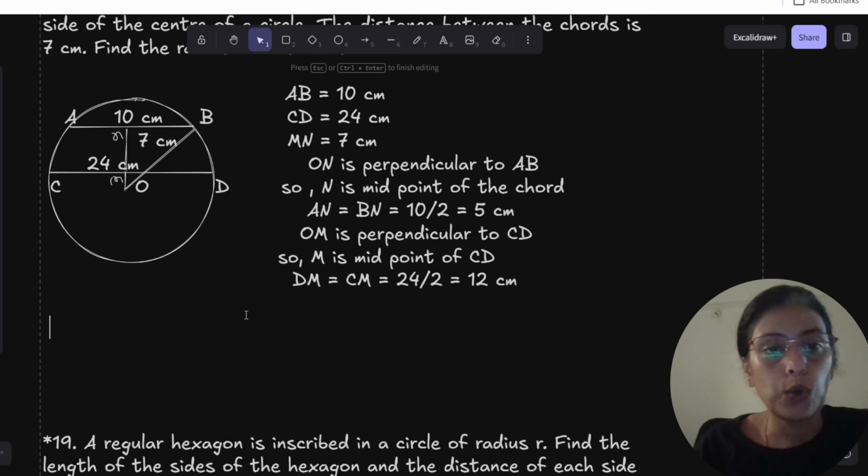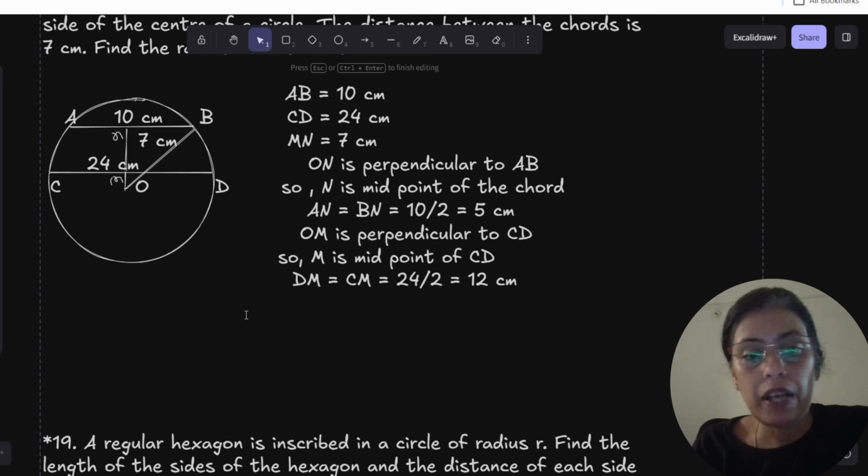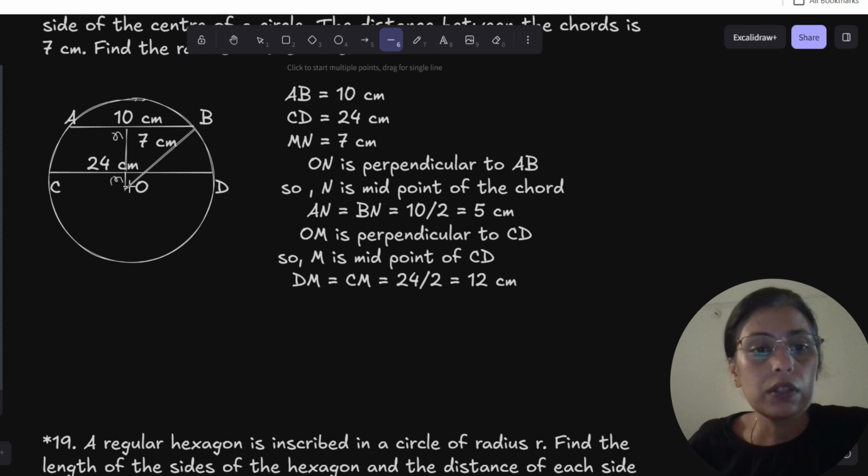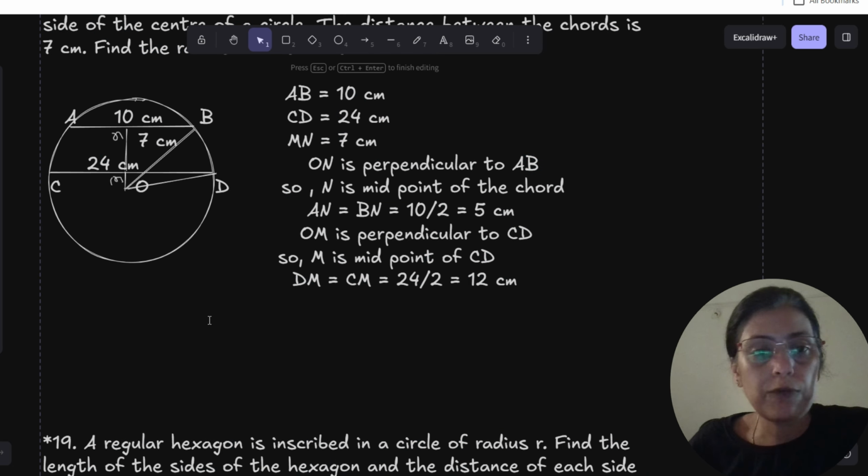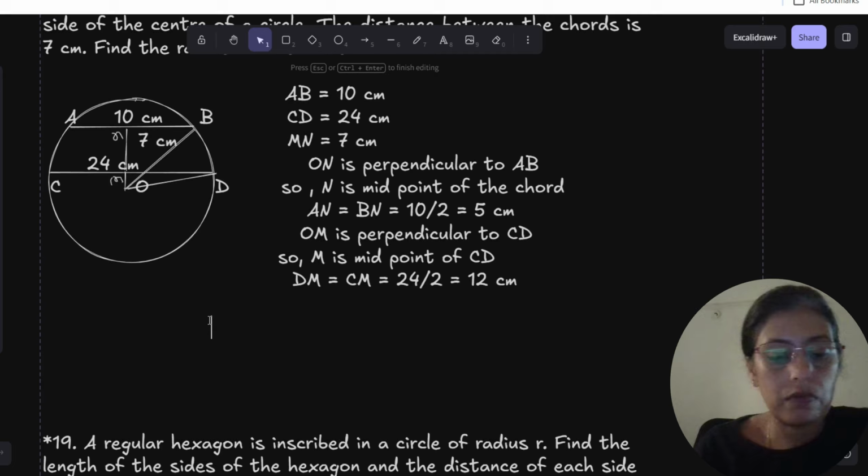Now what can we do? We have been asked to find the radius. The radius here is OB, and we can also draw a radius here as OD, right? So first I'll take triangle ONB.